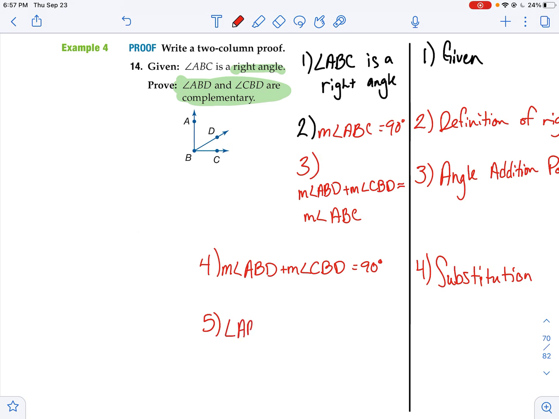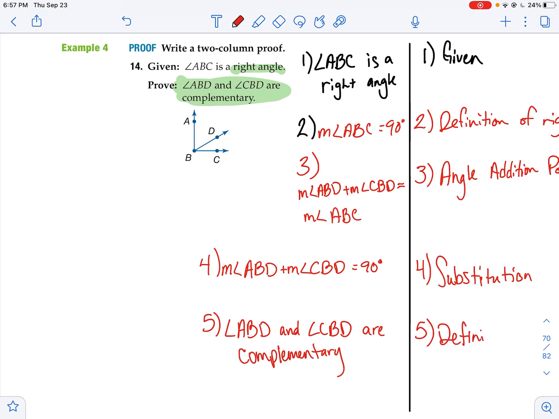So I can say angle ABD and angle CBD are complementary because that's what complementary means. It means they add to 90.